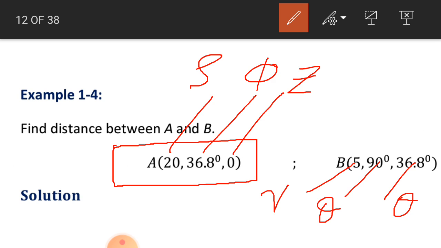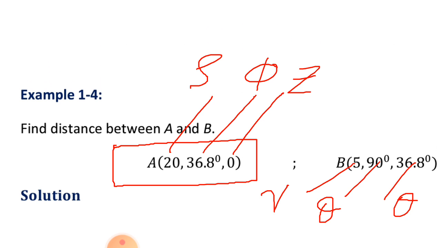We transform the second point from the spherical coordinate system into rectangular coordinate system. Then we shall calculate the distance between A and B.